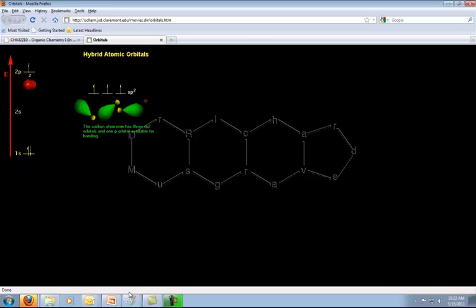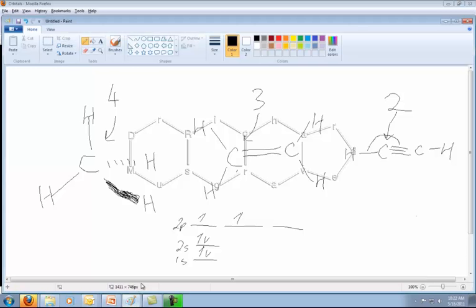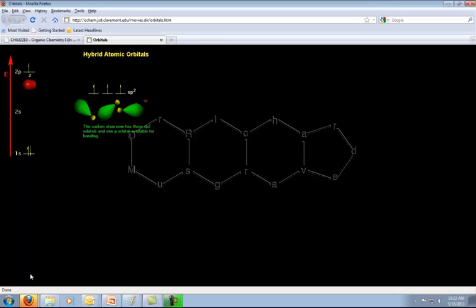Now if we want to explain three things connected to the carbon, then we've got to use sp2 hybrids. Now sp2 hybrids are formed from 1 s and 2 p orbitals, so that gives us three sp2 hybrids. Each of these hybrids is 1 part s and 2 parts p, but they're all the same energy, as you can see here, so we're going to have one p orbital left over.